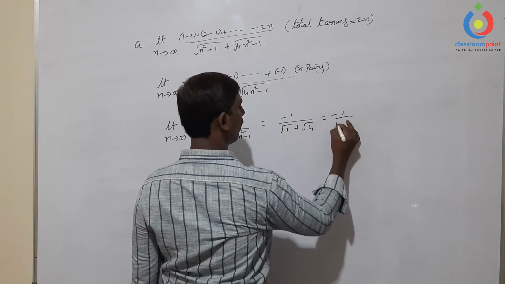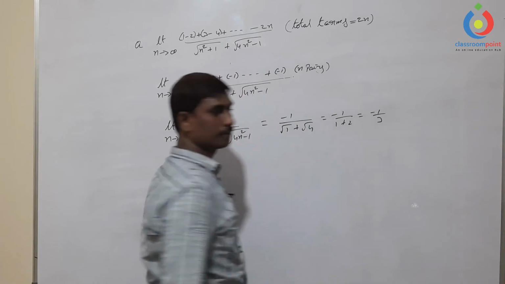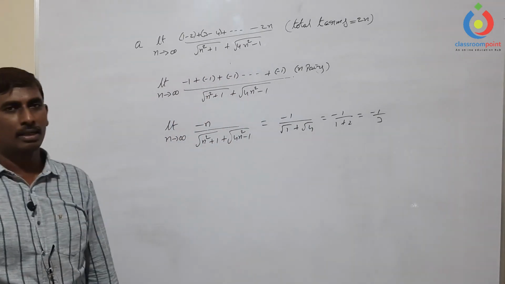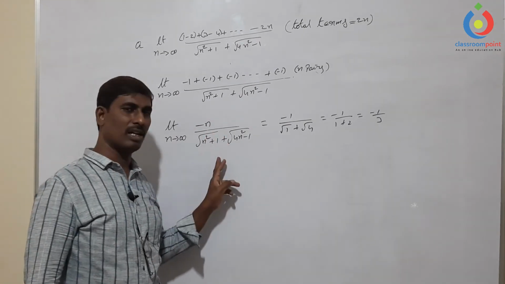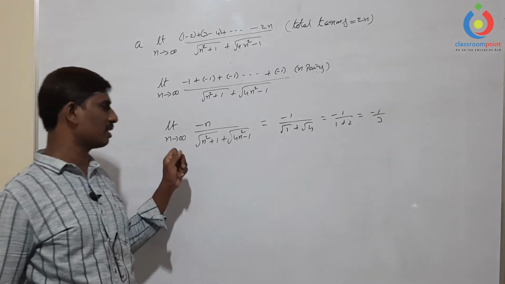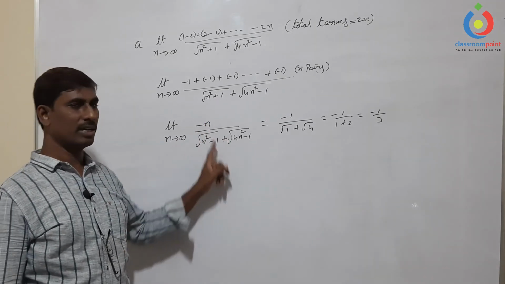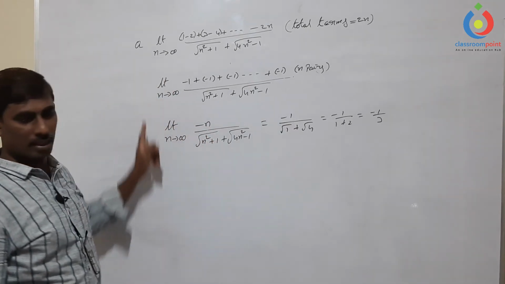So minus 1 by (1 plus 2) equals minus 1 by 3. Directly, when degrees are equal in numerator and denominator as n tends to infinity, take the quotients only. That must be remembered. Okay, right?